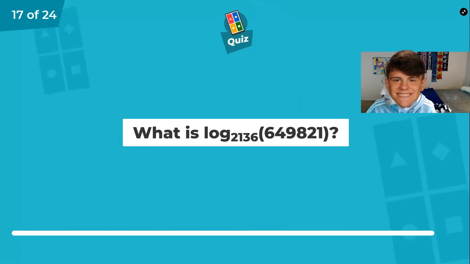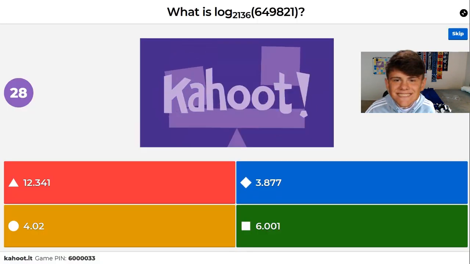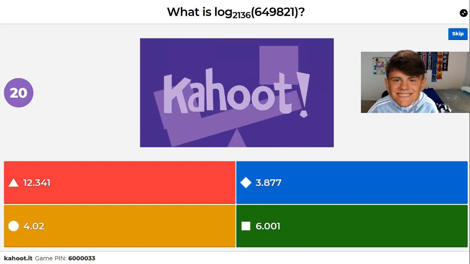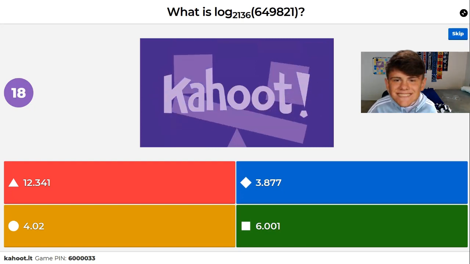Okay, good job. What is log base 2,136 of 64,909 or 649,821? Because I know since it's college algebra, you have a calculator in front of you that you could quickly do this. Correct.